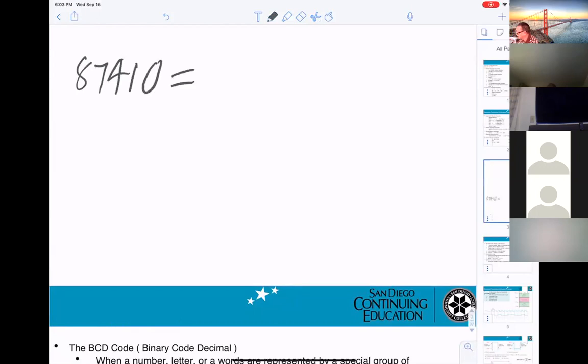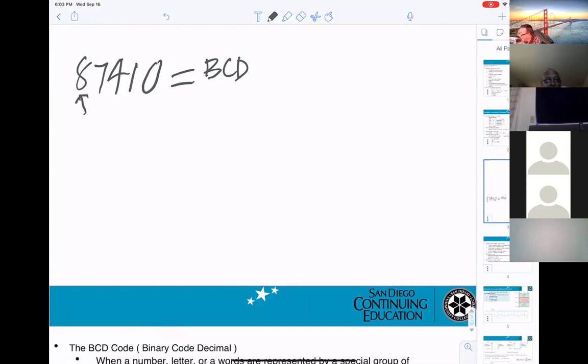They want this number 87410 in BCD. If you want to convert to BCD, each digit in the BCD must be 4 bits. So the first thing, you convert this number here.